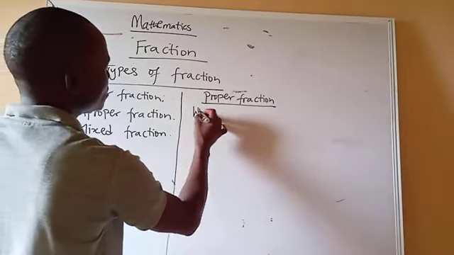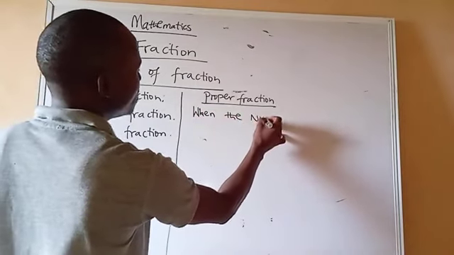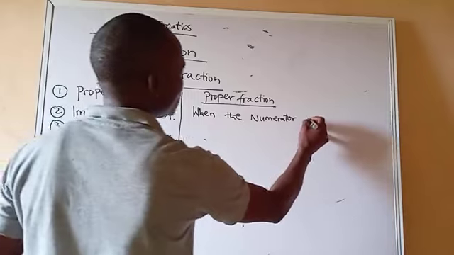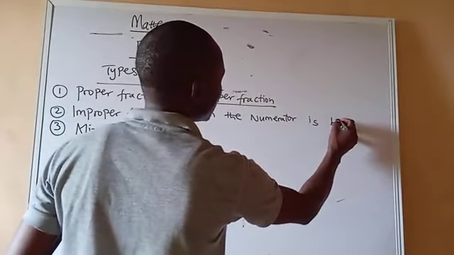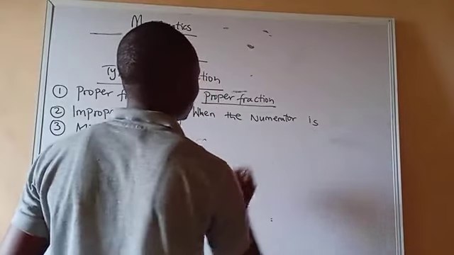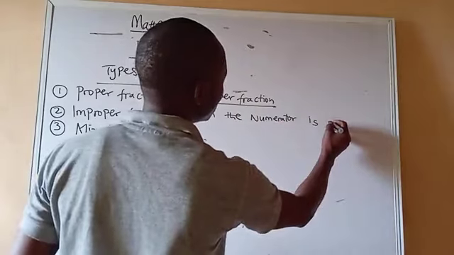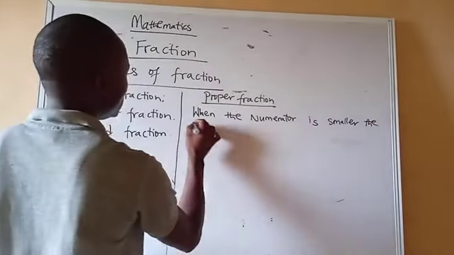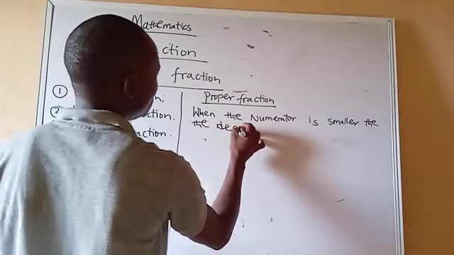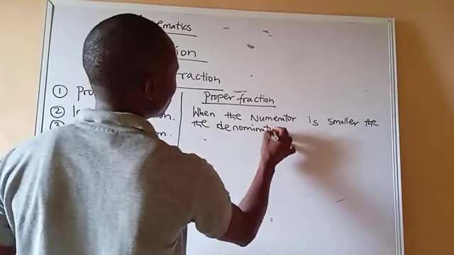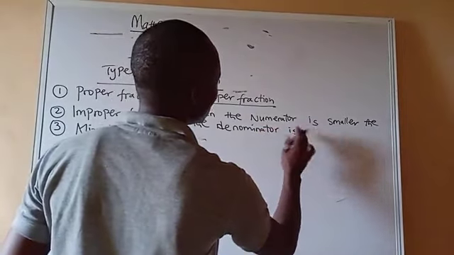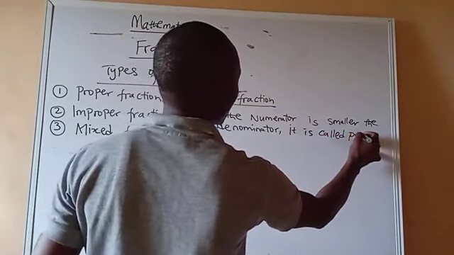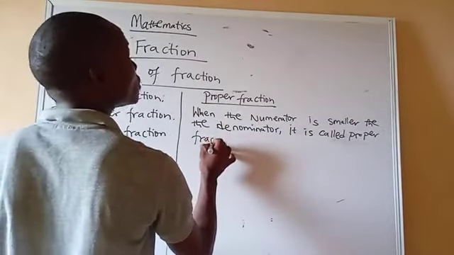When the numerator is smaller than the denominator, it is called proper fraction.